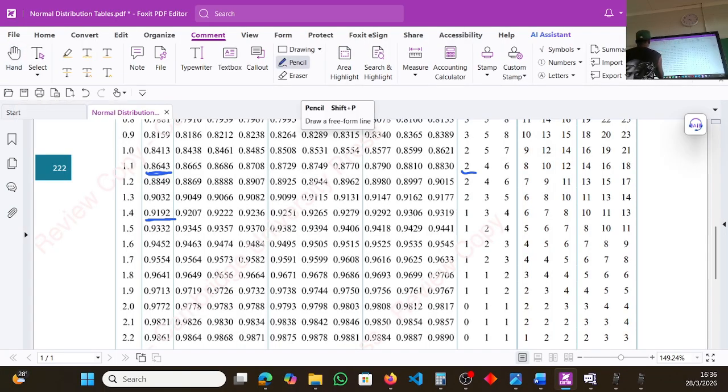Then 2, 3, 4, 5, 6. Then I go to the 7. But these ones, they start from 1. So it's 1, 2, 3, and it gives me 0.9522.